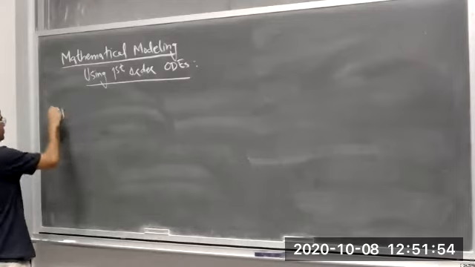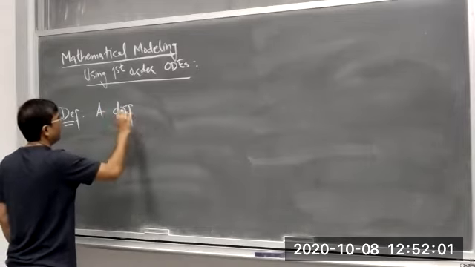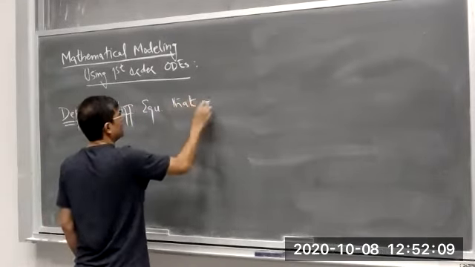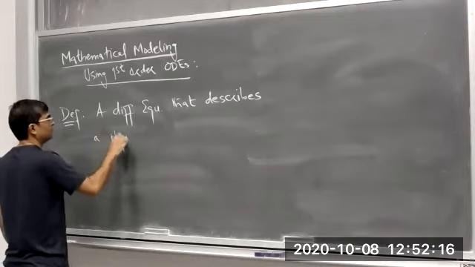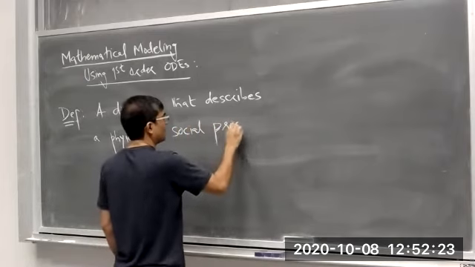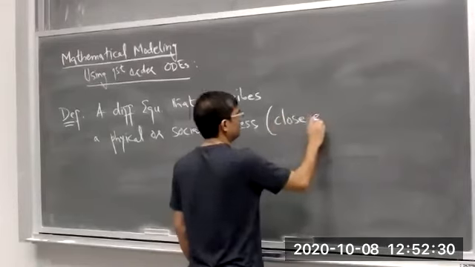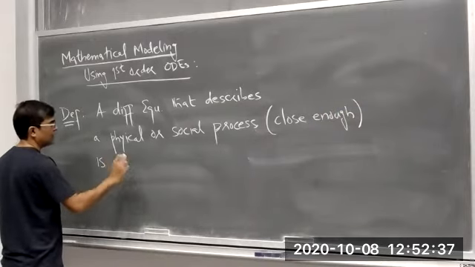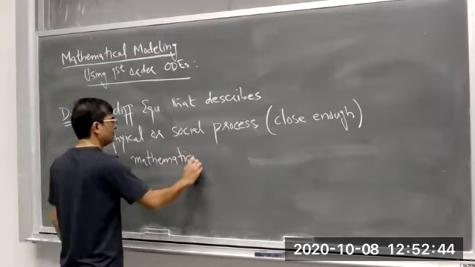If you want to write the definition of this thing, a differential equation, in general, a differential equation that describes a physical, or you can say social process, close enough, you can say that, is called a mathematical model.